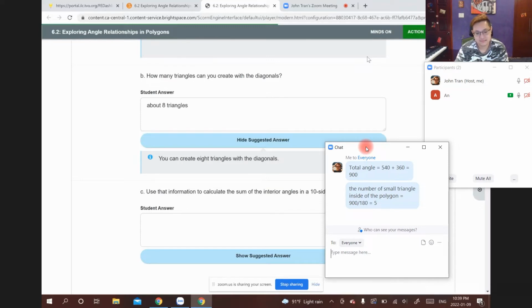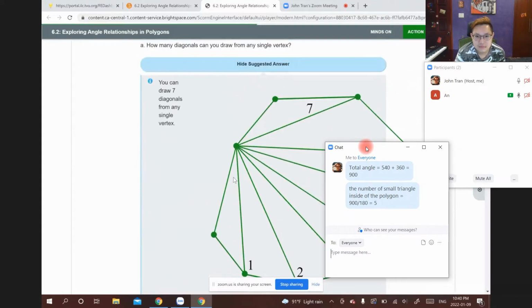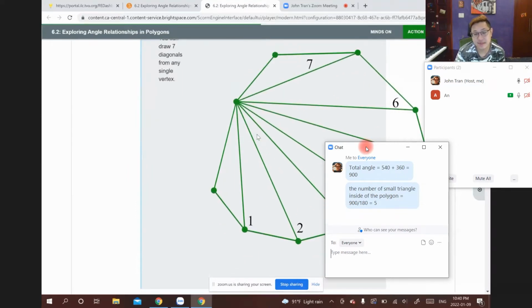So in math, a diagonal is a line segment joining two vertices. You just connect them like this. Gon means side, di means two.